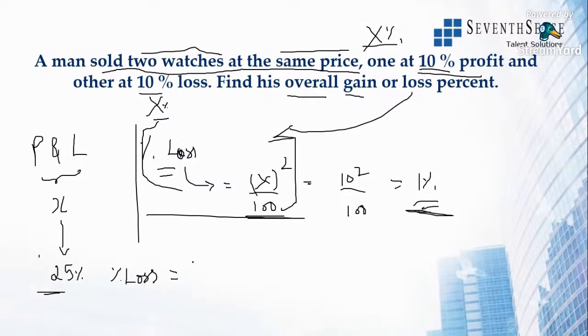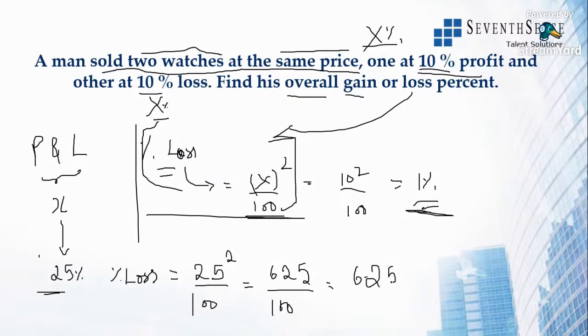Again, it is 25 square divided by 100. 25 square, you should know it, is 625. 625 by 100 is nothing but 6.25%. So 6.25% loss. So always remember this particular formula. This is a very easy question, so don't worry about that. We'll go on to the next question.